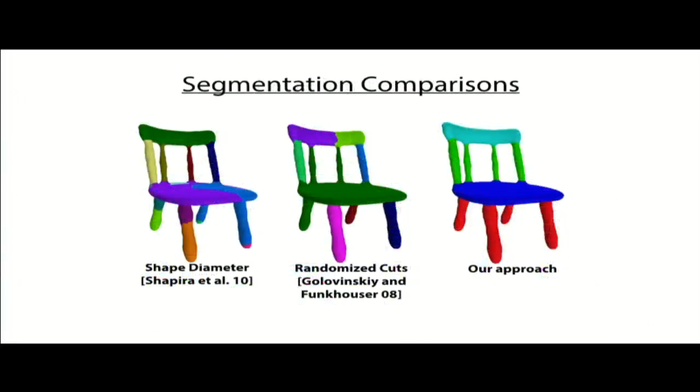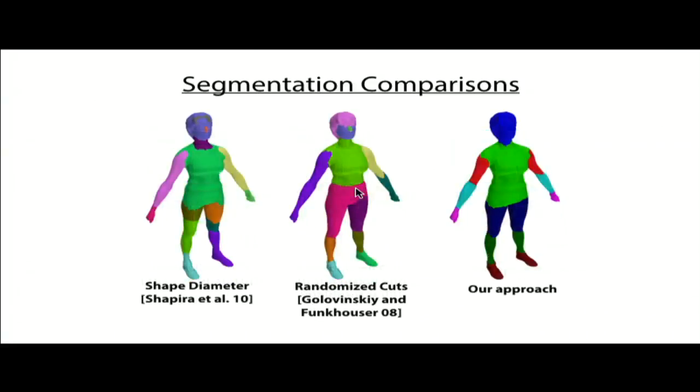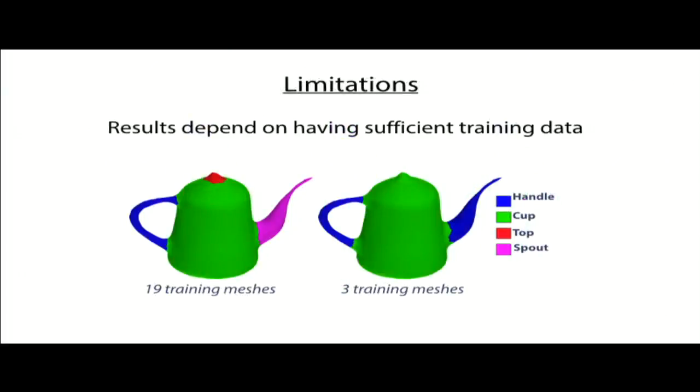And we can see in examples where older methods couldn't tell the chair from the back and stuff like that. And likewise, they couldn't find the waist or tell the upper arm from the forearm. Of course, it is highly dependent on having good training data. So even for this very simple model, with 19 training meshes, we get all the parts. With 3 training meshes, we don't get all the parts.